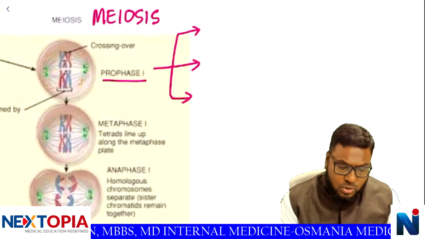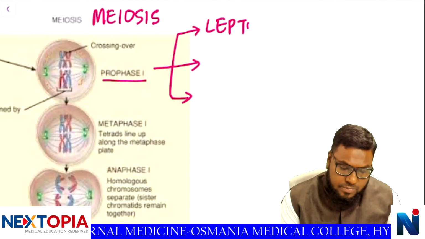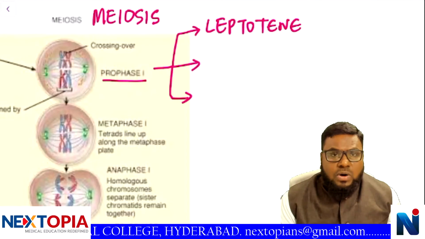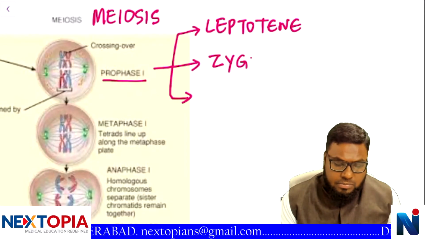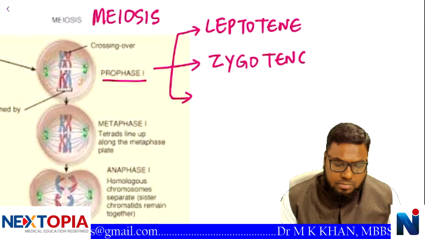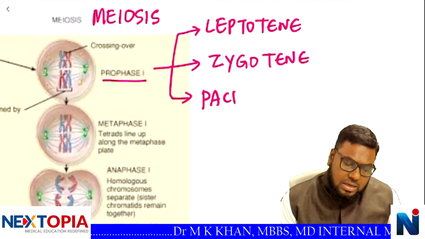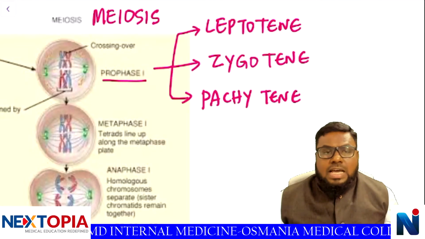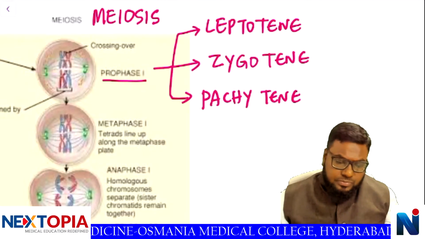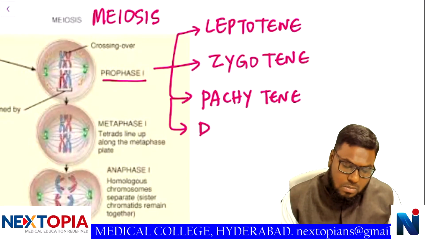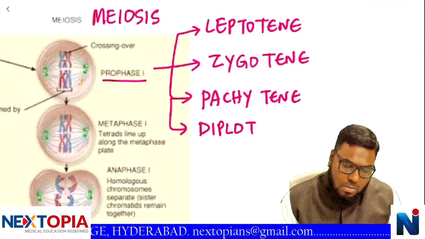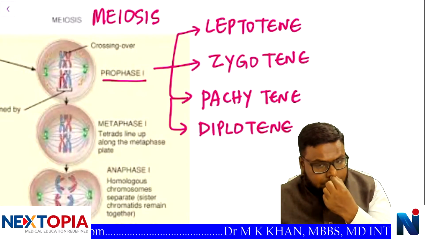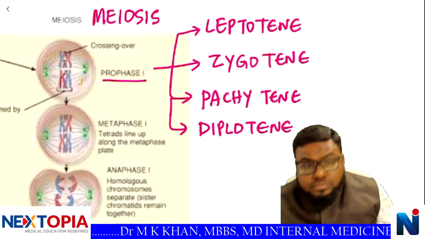Prophase 1 is divided into the following stages: leptotene, zygotene, pachytene, and the last phase, diplotene.